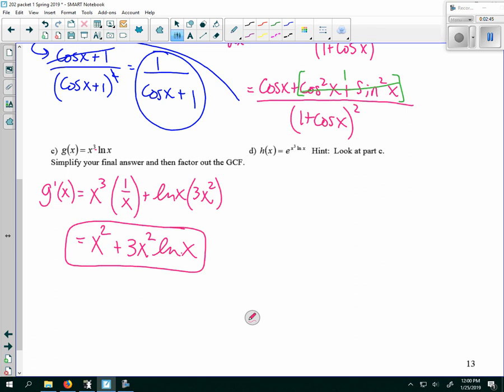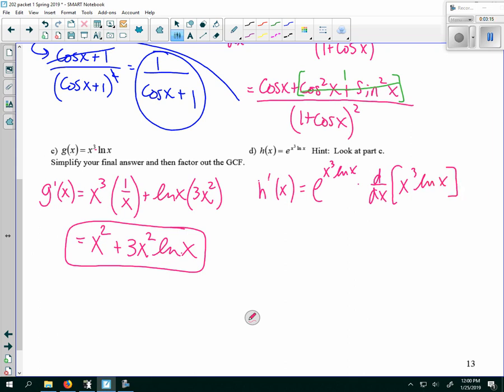Part D, h of x is e to the x cubed ln x. So I should notice that x cubed ln x, which is my exponent here, is the problem I just solved, right, in part C. So this is a chain rule problem that's e to some stuff. So h prime of x is going to be e to that stuff times the derivative of the stuff.